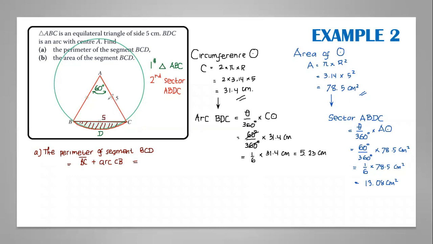Because the information is equilateral triangle, all sides the same. So BC is 5 centimeter plus arc CB or arc BDC is 5.23 centimeter. Finally, we got the perimeter of segment BCD is 10.23 centimeter. Very easy, right?